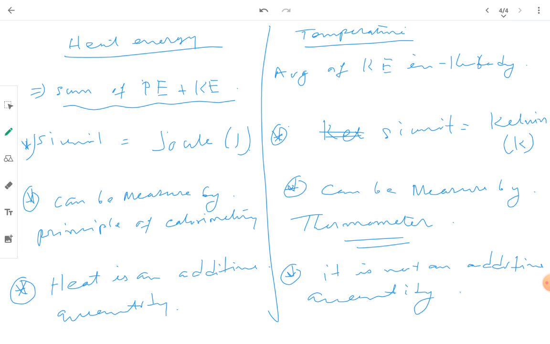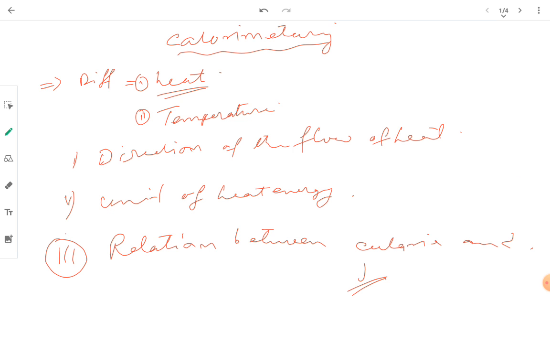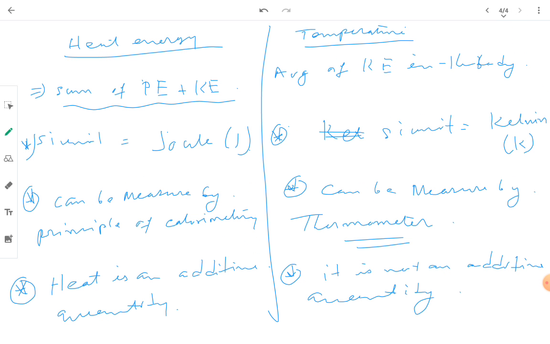Okay, so we have differentiated between heat and temperature. Another topic that we will be discussing here: we have finished temperature and heat, and now the direction of the flow of heat energy.